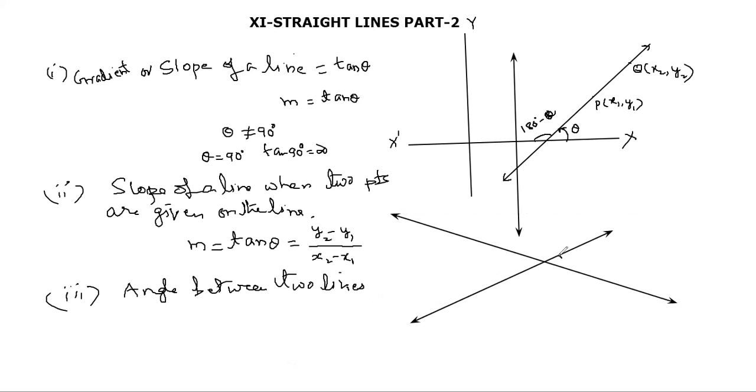One angle is less than 90 degree, theta, and this is the acute angle. So we are finding the acute angle by this formula.